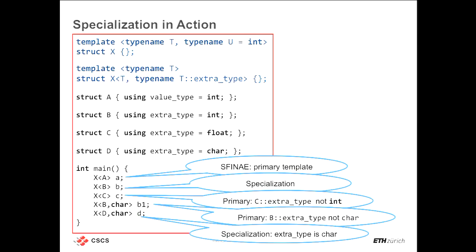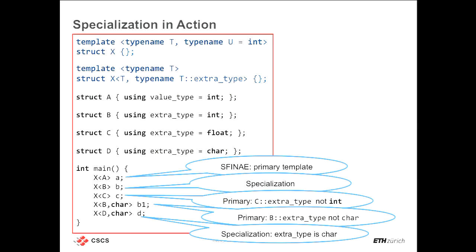And finally, D, let's go through the process. I want D and char, so I go to the primary. T becomes D, and U becomes char. Now I go down here, D and D extra type. D extra type is char. So char matches, which means I go with the specialization.